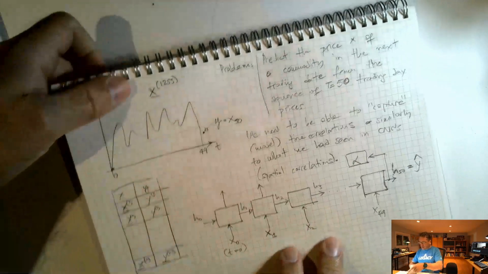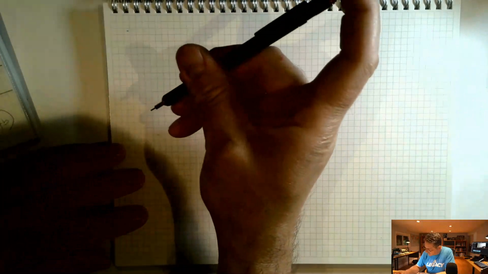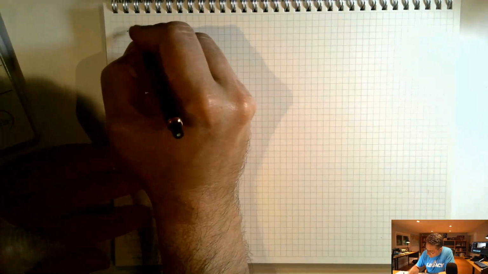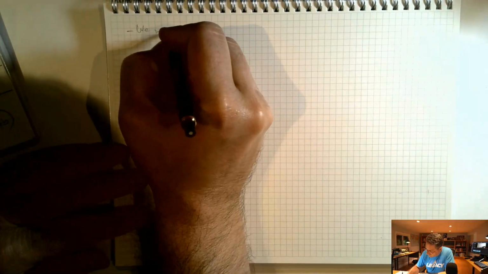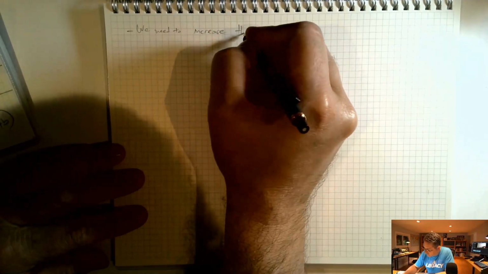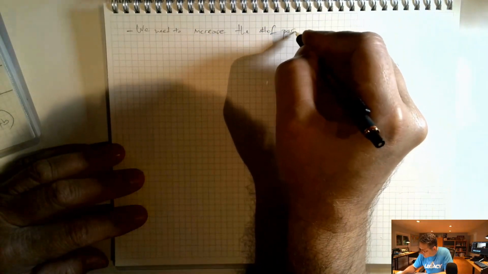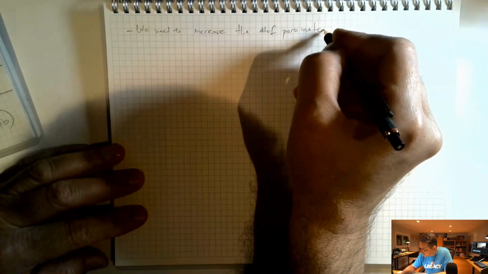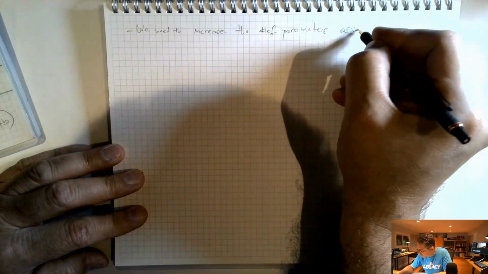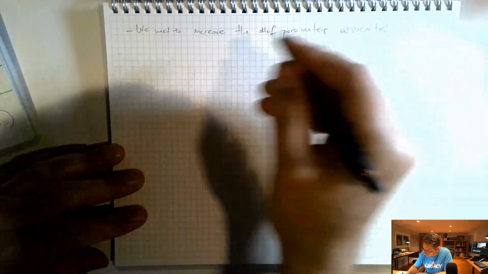Let me write this down so we have it in writing. We need to do two things. We need to increase the number of parameters associated with our model.